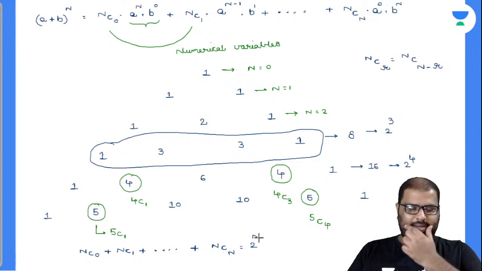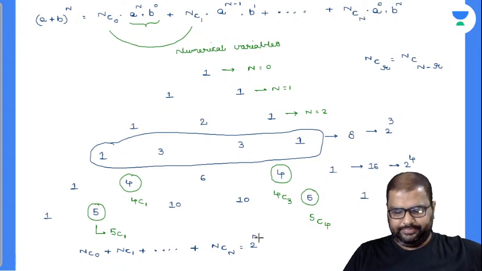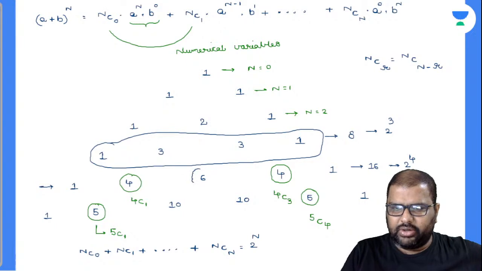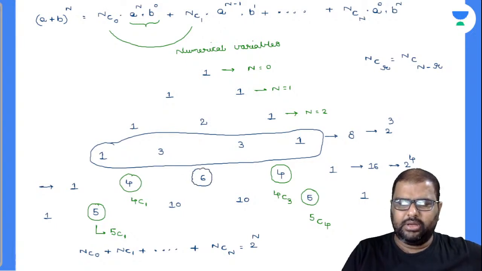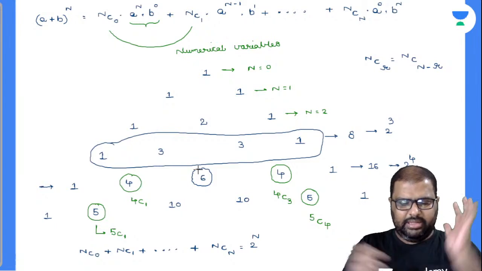Coming to the next point. Now you closely observe in this Pascal triangle, where is the largest value observed? Let us suppose take this row, this is the largest value. Is it nothing but your middle value? So divide it equally, whatever value is left in the middle will be the maximum value.